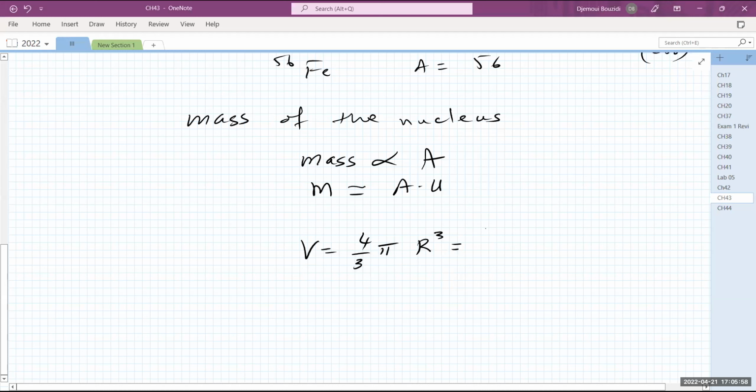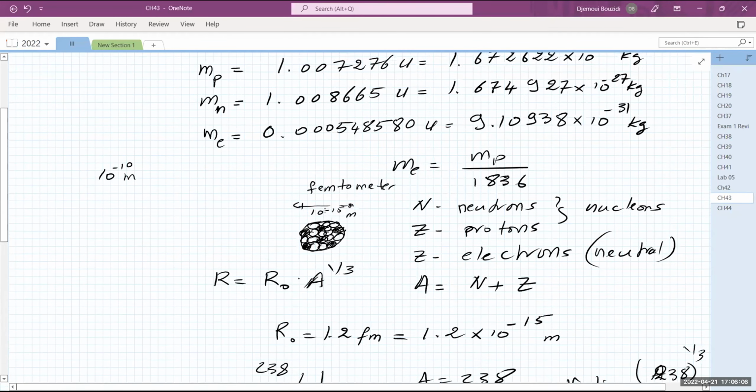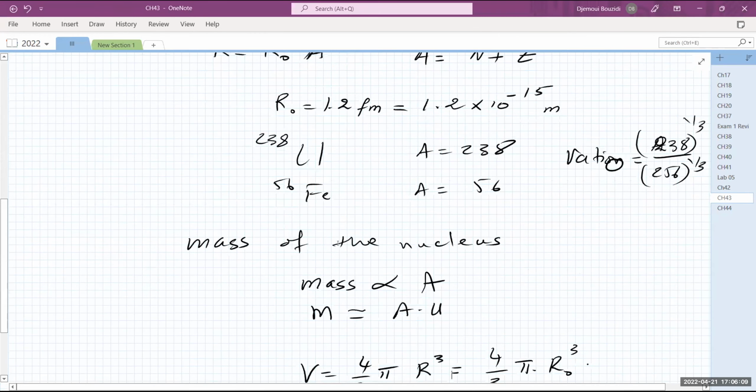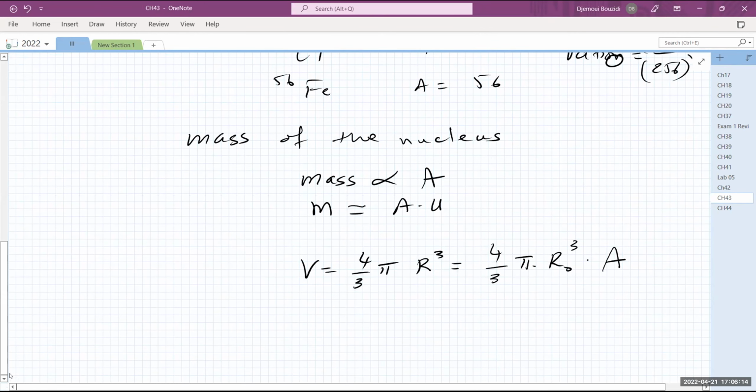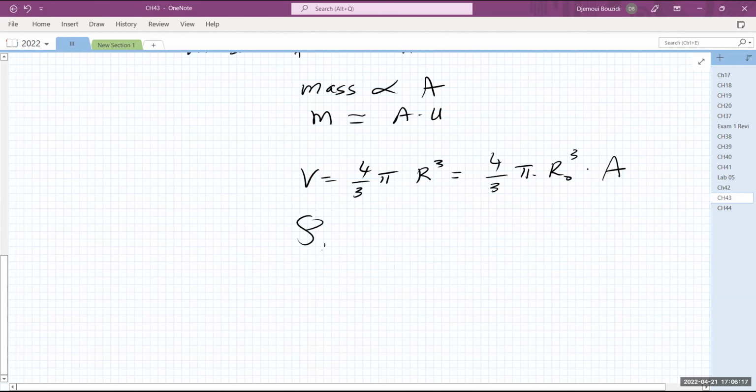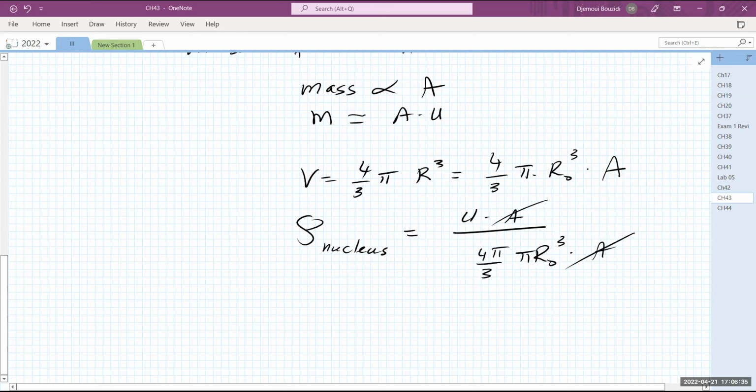This relationship immediately gives me 4/3 times pi times r naught cubed times A to the power 3 over 3, which is A. So the density of the nucleus, rho, is going to be U times A, that's the mass, divided by 4 pi over 3 times r naught cubed times A, and A cancels the A, and that is actually how we got the result to begin with.